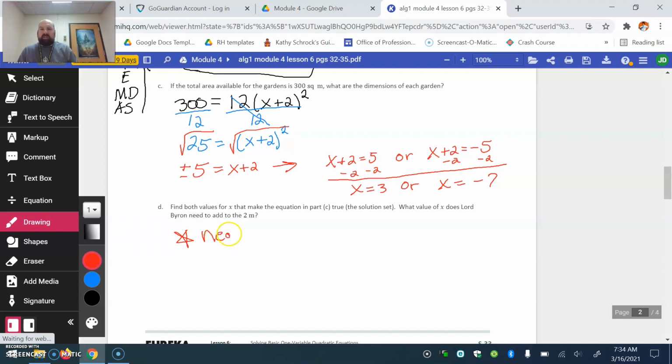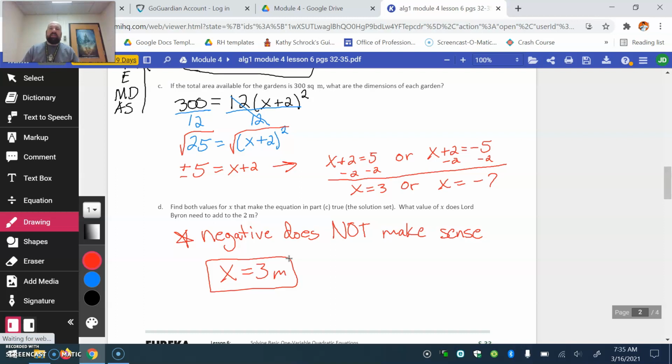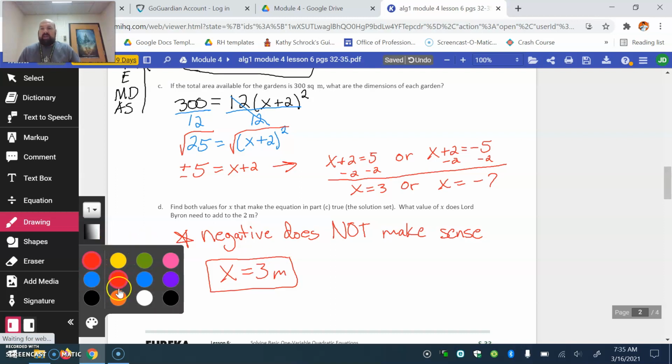Negative does not make sense for this word problem. That's usually how it is, but not always. So be careful. So x = 3. I'll put a label, meters. So that is the additional amount. Okay, I'm going to pause the recording. We'll go to the next page.